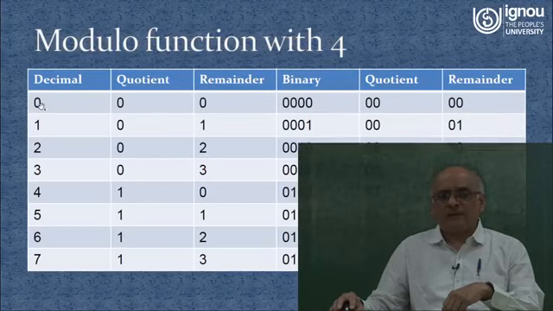Suppose we have department number 0. When we divide it by 4, the quotient will be 0 and the remainder will be 0. So the 0th meeting room can be allotted to department 0. Department 1, the first, based on the remainder. Department 2, the second. Department 3, the third.